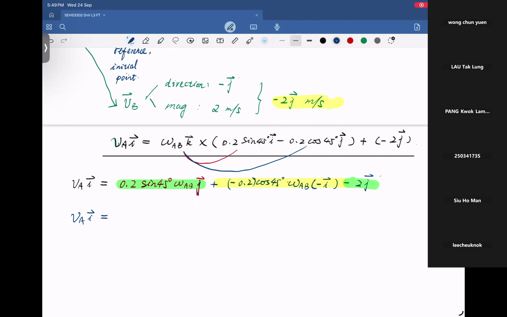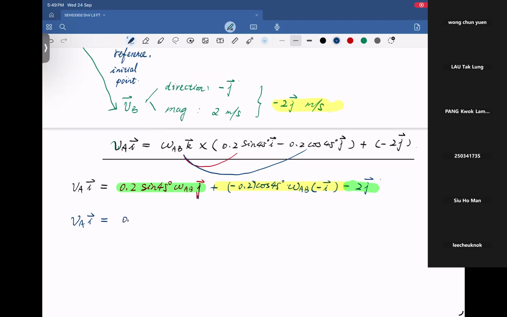The I component is 0.2 cosine 45 degree omega AB, and the J component has coefficient 0.2 sine 45 omega AB, and minus 2, minus 2J.